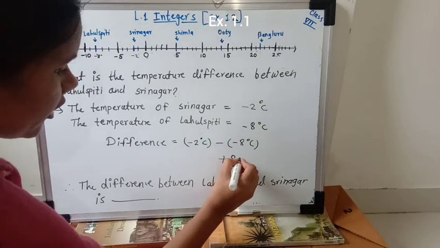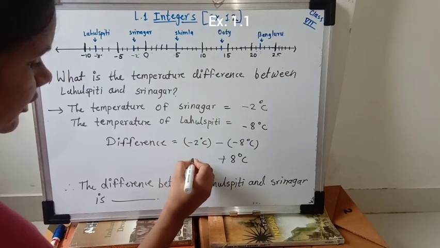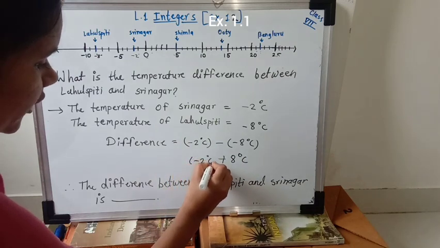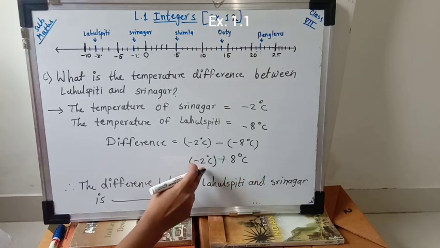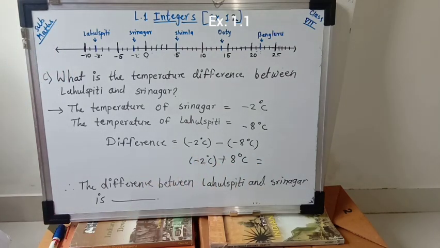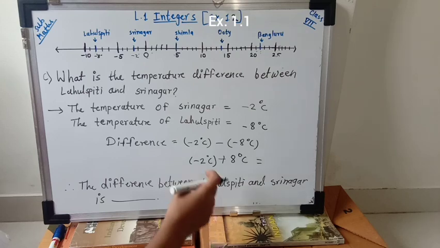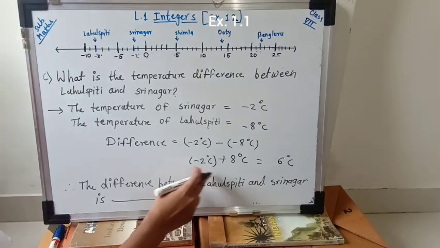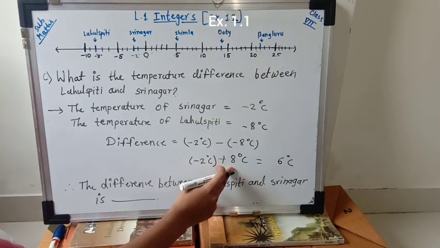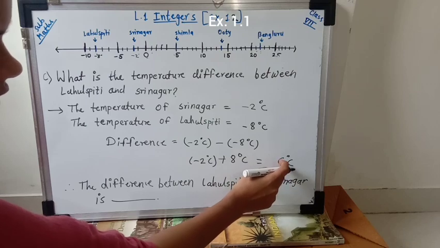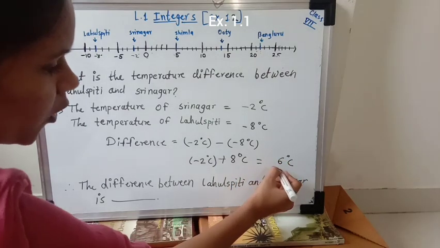So right here plus 8 degree, and here write minus 2 degree Celsius. Here minus and plus, two different signs are there, so again we have to do the subtraction. So 8 minus 2 is equal to 6 degree Celsius, and here 8 is the bigger number and 8 is positive.